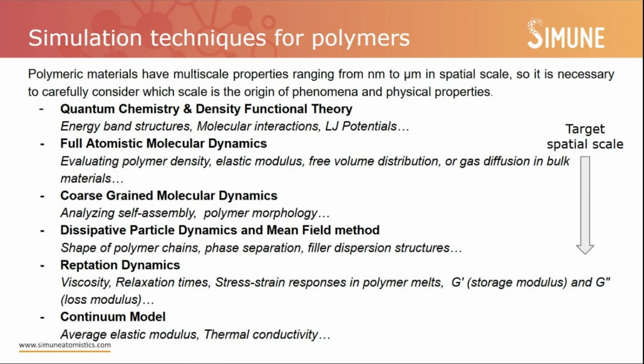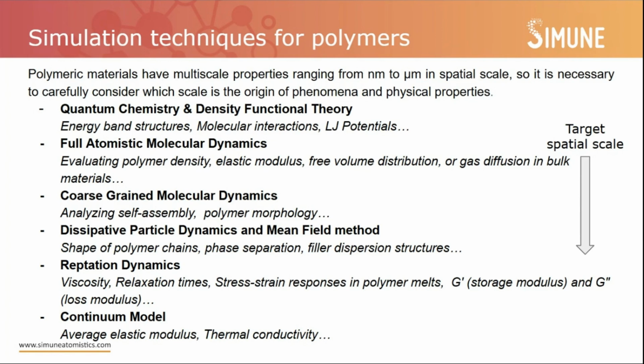Now, always having in mind polymers as material, this multi-scale approach is fundamental, and we can range from nanometer to micrometer scale. Here you see a summary of what you can do at each scale. In the small scale, we have methodologies such as quantum chemistry and DFT, density functional theory, which helps you to get information about energy band structure, molecular interaction, in general electronic properties, and Lennard-Jones potentials.